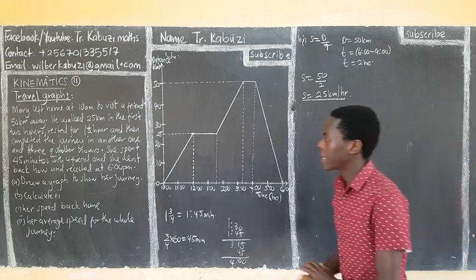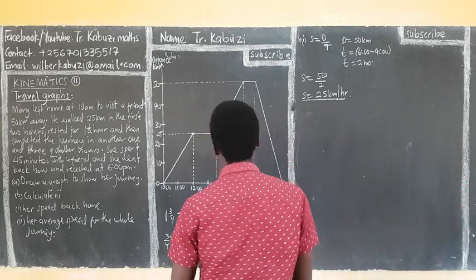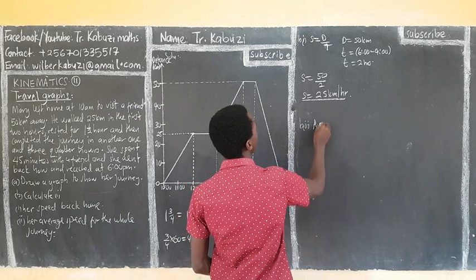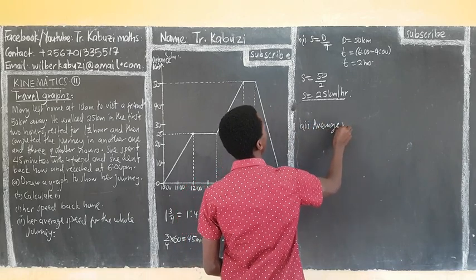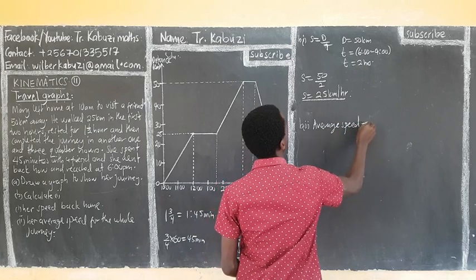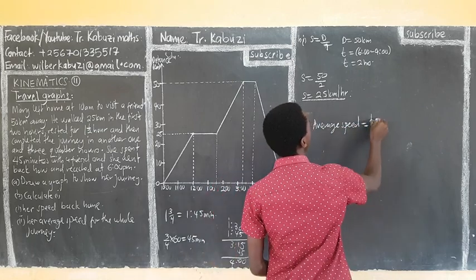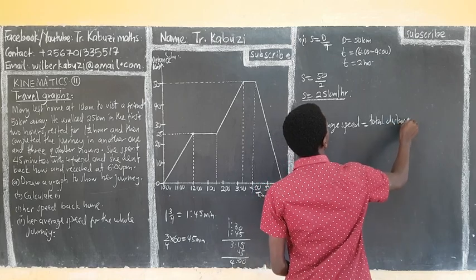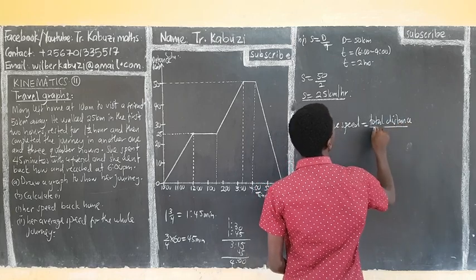Then part B, her average speed for the round journey. Then B, comment number 2, average speed is given by total distance over total time.